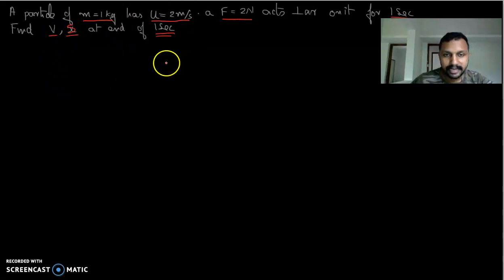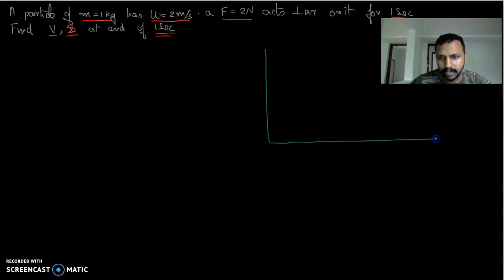For that, let's have a diagrammatic representation of it. In order to represent it diagrammatically, let me draw the XY axis. Let this be our X axis and this be our Y axis. And now we have the substance moving with an initial velocity of u equal to 2 meter per second.